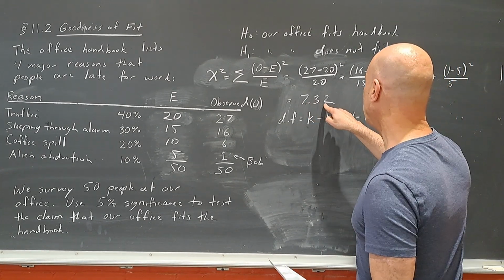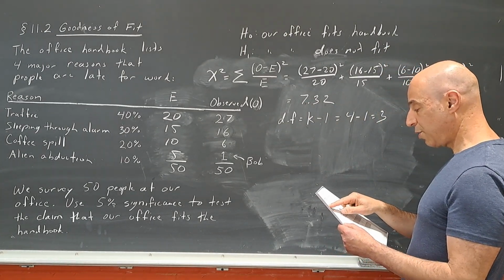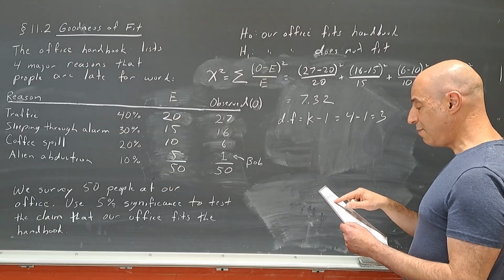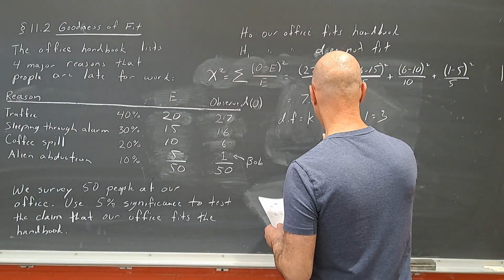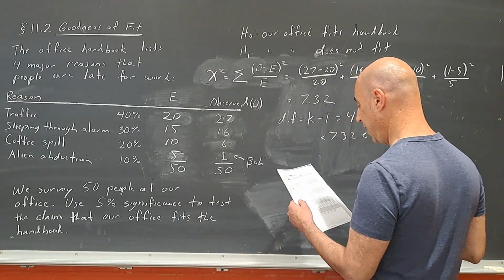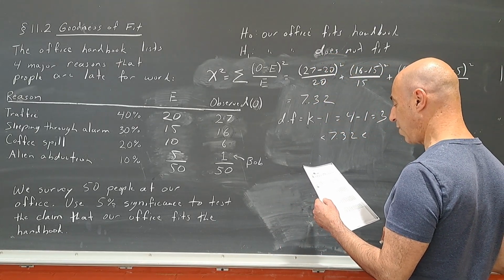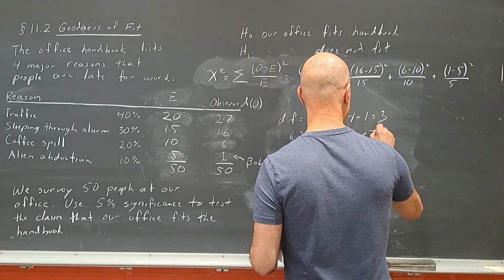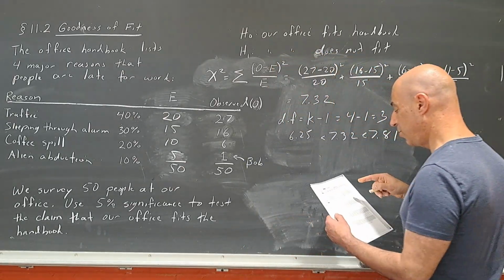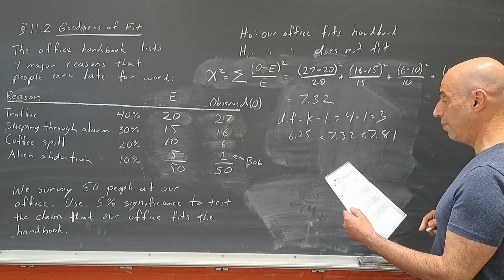We have our chi-squared value of 7.32. We look across the third row of the table and see that 7.32 is bigger than 6.25, but smaller than 7.81. Those are 2 values that are in the third row of our chi-squared table.